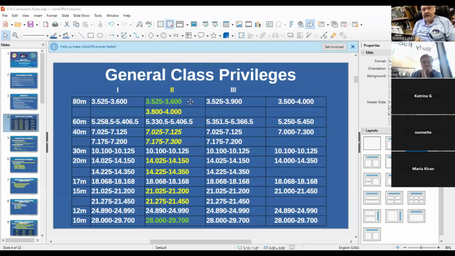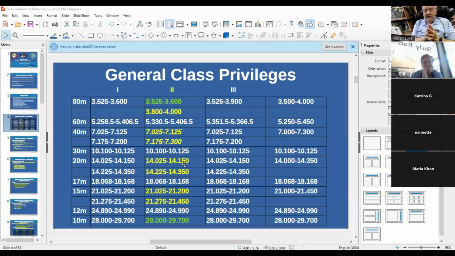So general class cannot operate in that subband. And that's the case with these others where they're in yellow. The missing space in between is allocated to advanced and extra. So that's one of the few things you get by getting an extra license.